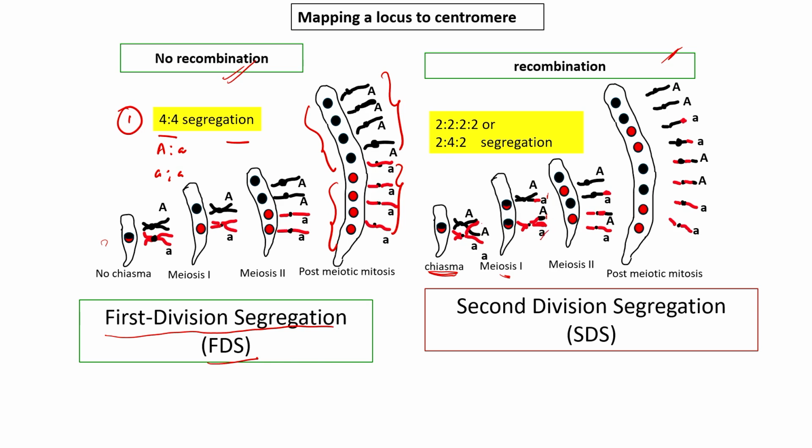One strand is parental type, whereas the next one is having the recombination, crossing over and recombinant. So in meiosis 2, when they separate, you start seeing a parental type, a recombinant and a parental type. And when they duplicate, you will have capital A, capital A, small a, small a.